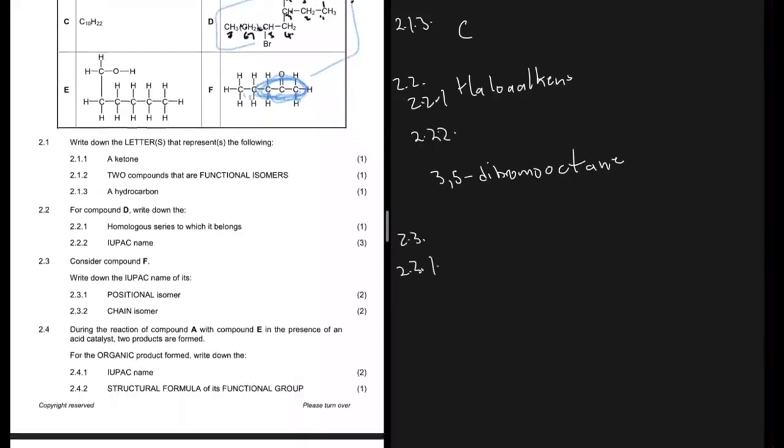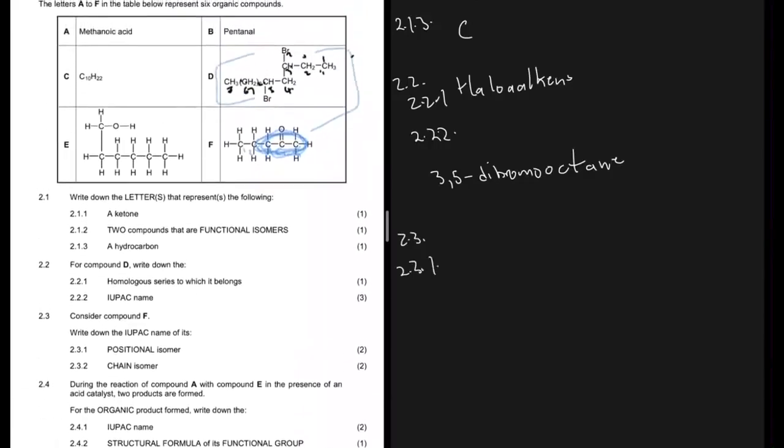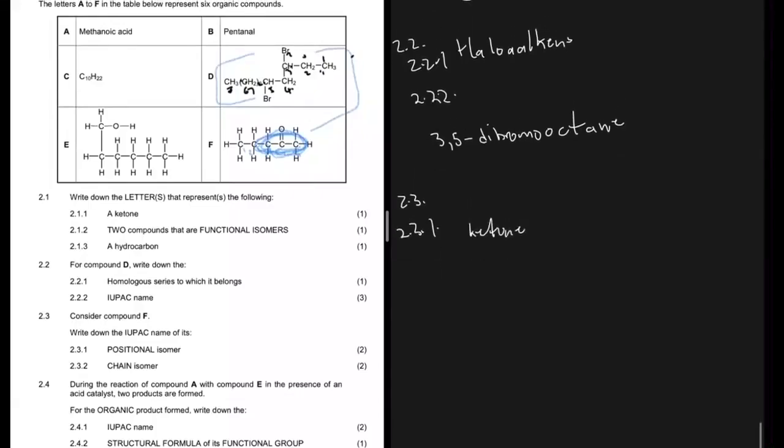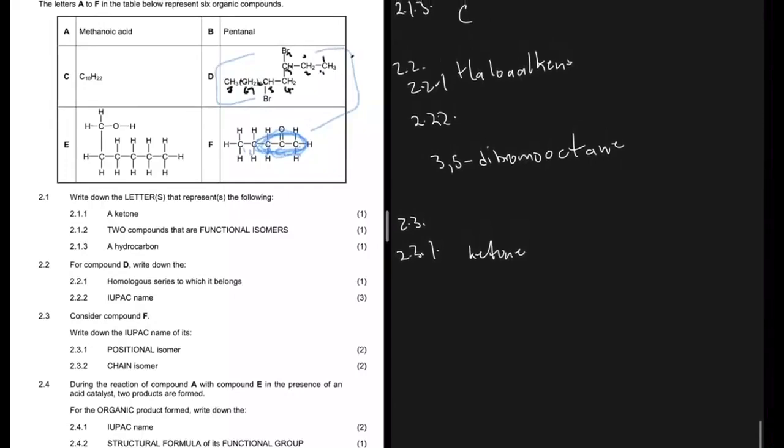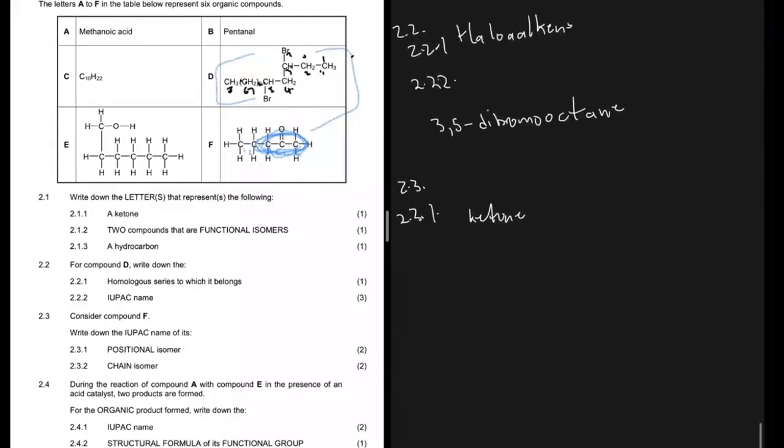Let's move ahead. 2.3. 2.3.1. 2.3.1 says consider compound F. Compound F is a ketone. Then 2.3.1 says write down the IUPAC name of its positional isomer. Okay, so positional isomer, same molecular formula, but different position of the functional group.